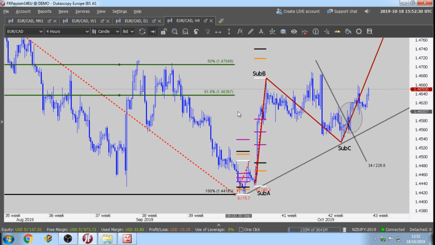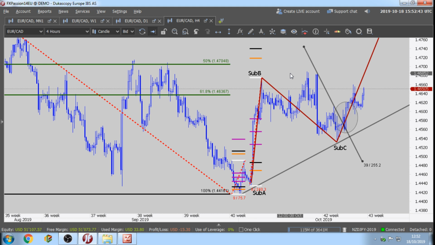This is a must, everybody. You cannot get the Fibonacci right on the 1-hour chart without knowing the daily, and you cannot get the daily without knowing the weekly.